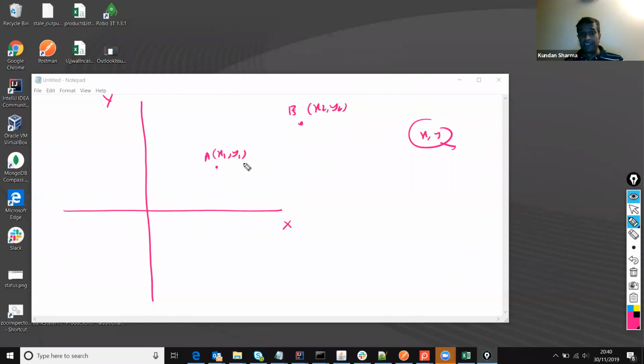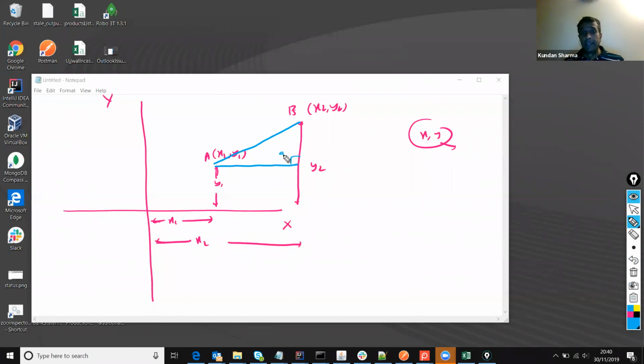So if this is x1 y1, then this distance will be y1 and this distance is going to be x1. We all know that. And this distance will be y2, and this whole distance is going to be x2, right? If I try to find out the slope, if I connect this line like this, this can form a right angle triangle.